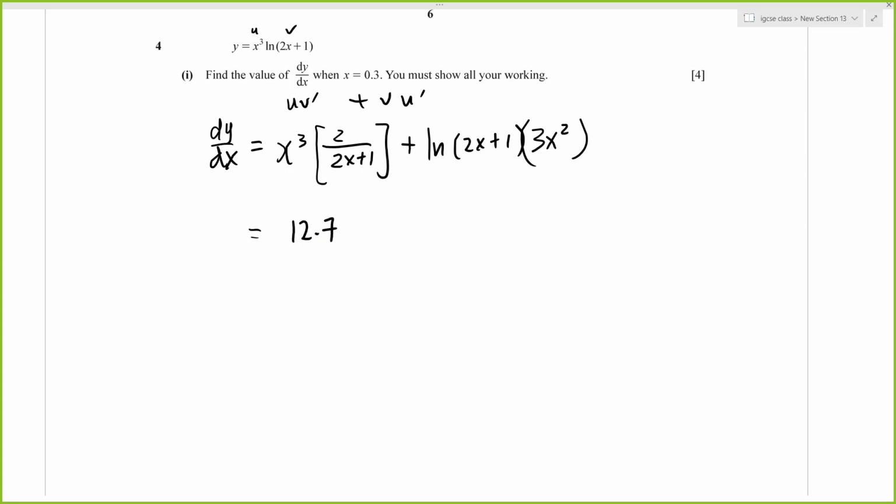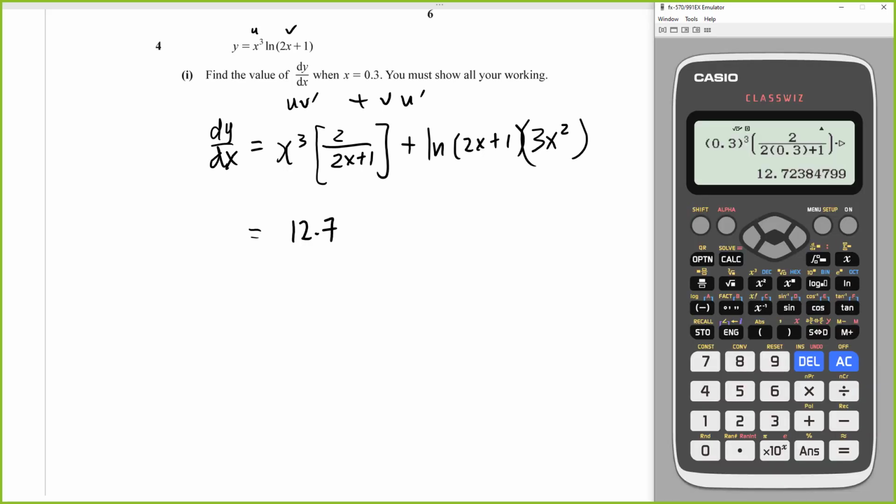You get it? Basically just type everything into the calculator and you should get a nice answer, and my answer is wrong. How come? Am I typing anything wrong here? Plus 1, okay.